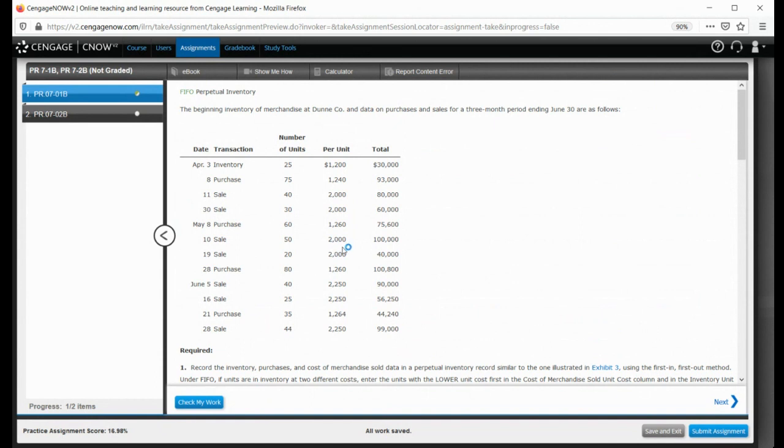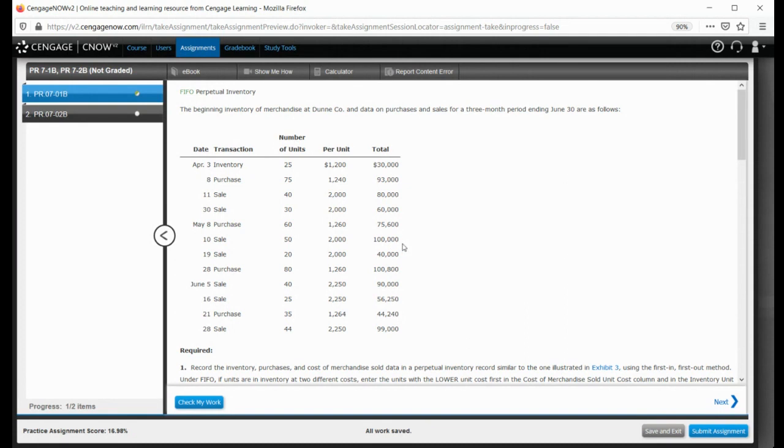In other words, this 2,000 is the marked up price because we'll want to make a profit off of our sale. So 2,000 is the selling price, and if you multiply 50 times 2,000, it will give you 100,000, which is the selling price of this merchandise inventory.